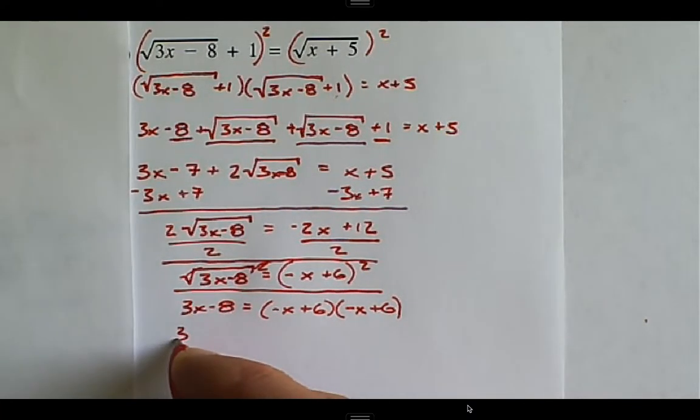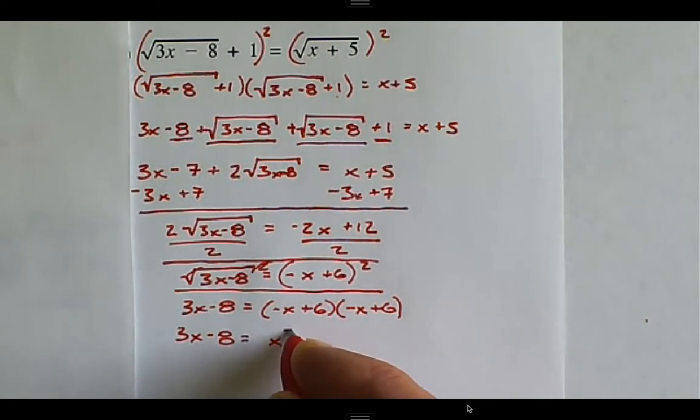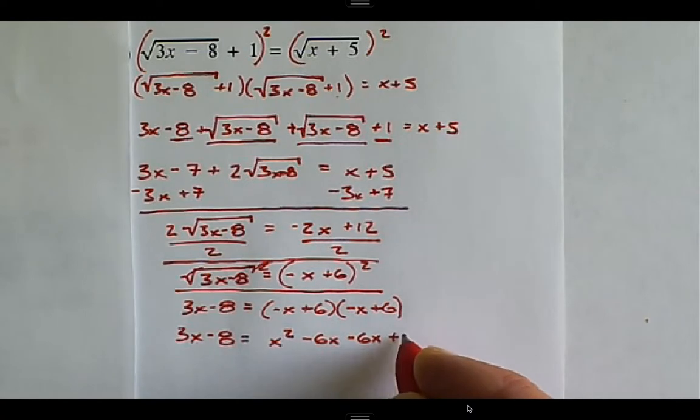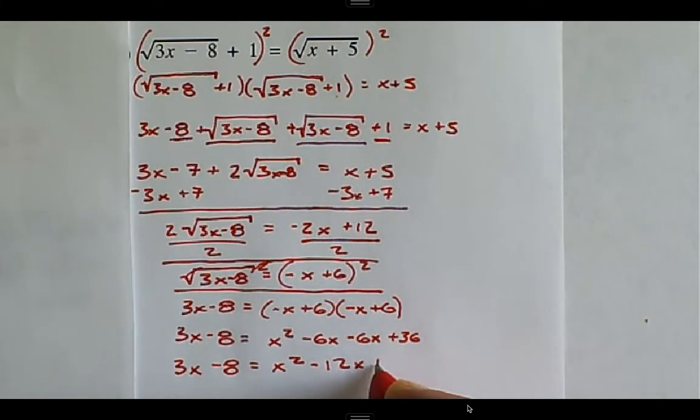And then we get 3x minus 8 is equal to x squared minus 6x minus 6x plus 36. So 3x minus 8 is equal to x squared minus 12x plus 36.